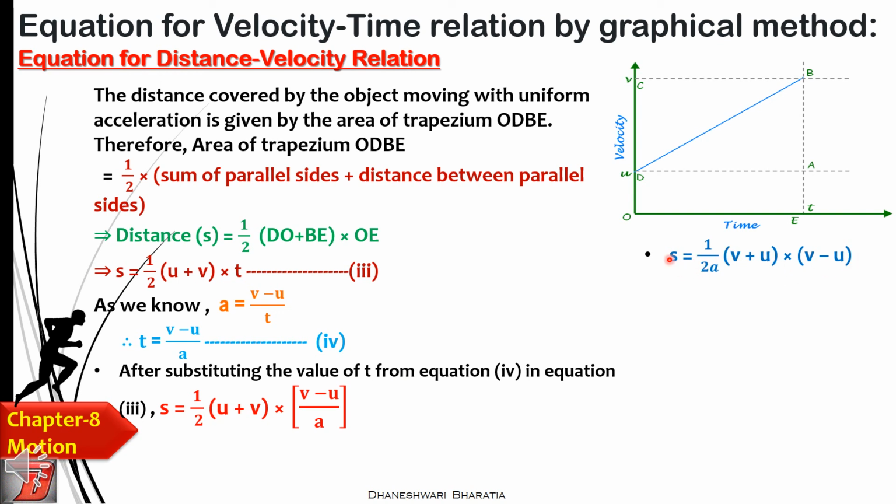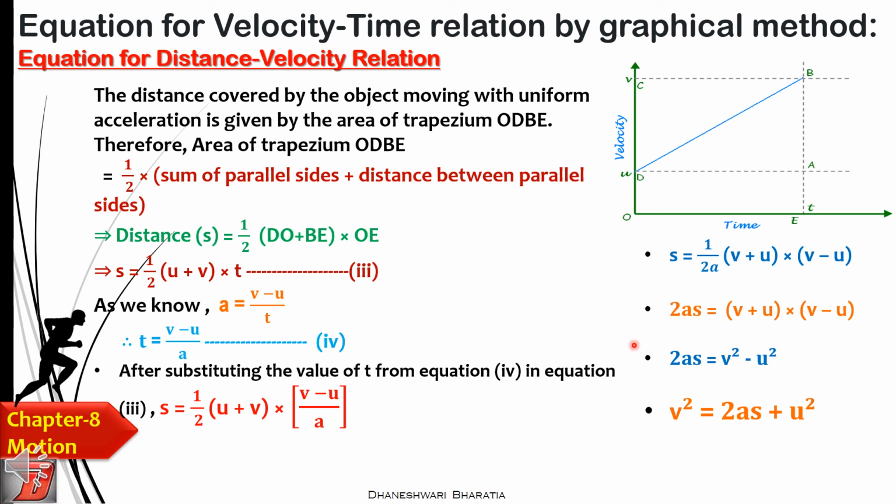Now I'll shift this 2A here. What I'll get? 2AS is equal to V plus U into V minus U. Now can we recall the mathematical identity? What we will get? Exactly, we will get V square minus U square. Am I clear? Now by rearranging this, what we will get? V square is equal to 2AS plus U square. You can remember either of these two.